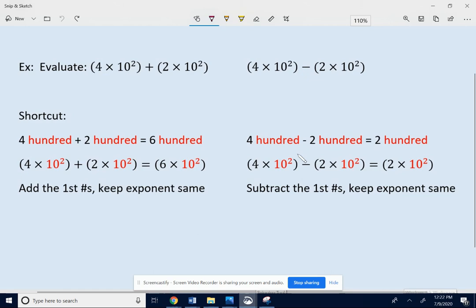So the shortcut, just take the 4 minus the 2 and then keep the 10 to the second the same. So that's a shortcut that only works for adding or subtracting with the same exponents. Add or subtract the numbers in the front and keep the power of 10 the same.